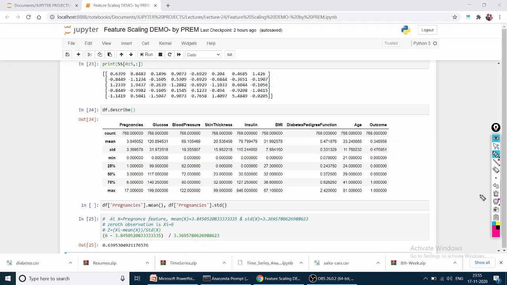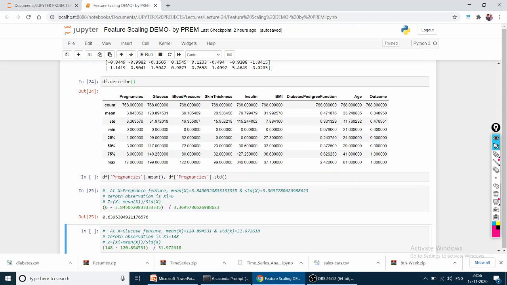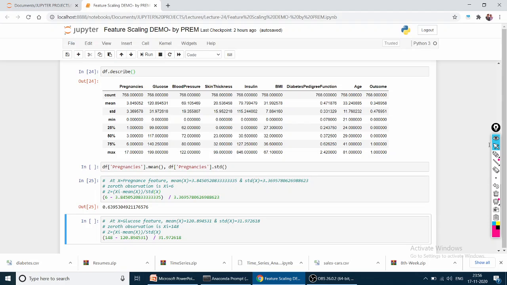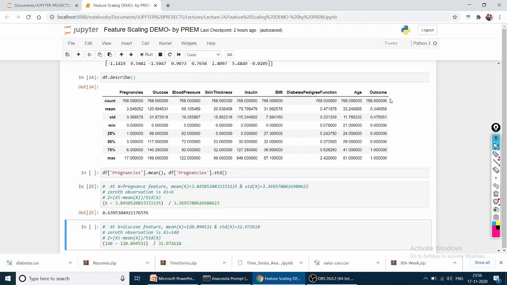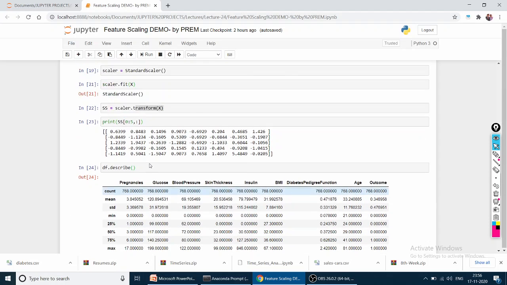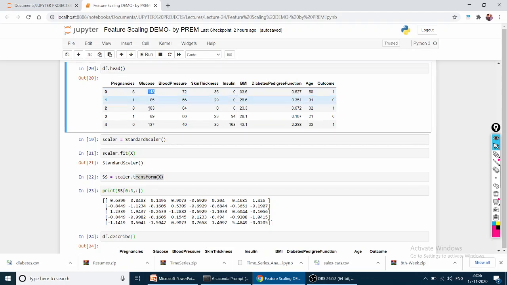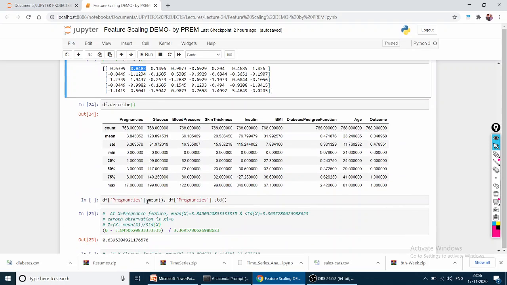Suppose you want to check how this value will be converted. 148 will be converted into 0.8483.